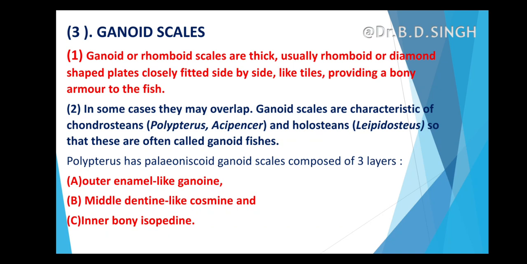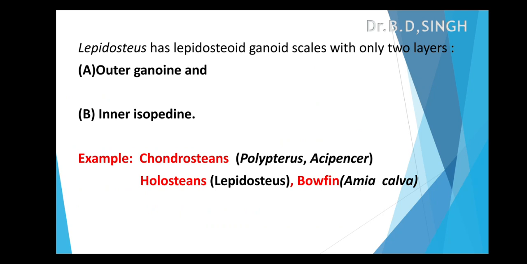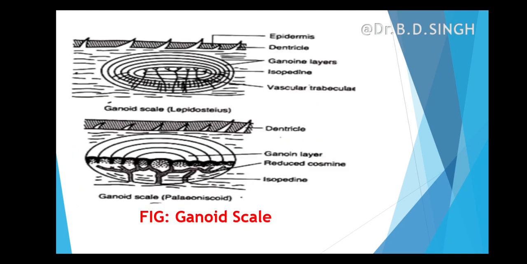Example: Polypterus, Acipenser, Holosteans, Lepisosteus, and bowfin Amia calva. So you can see the structure of ganoid scales.